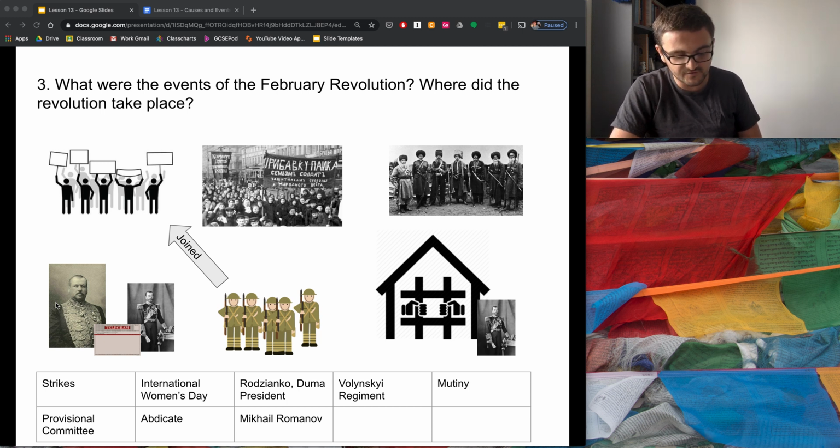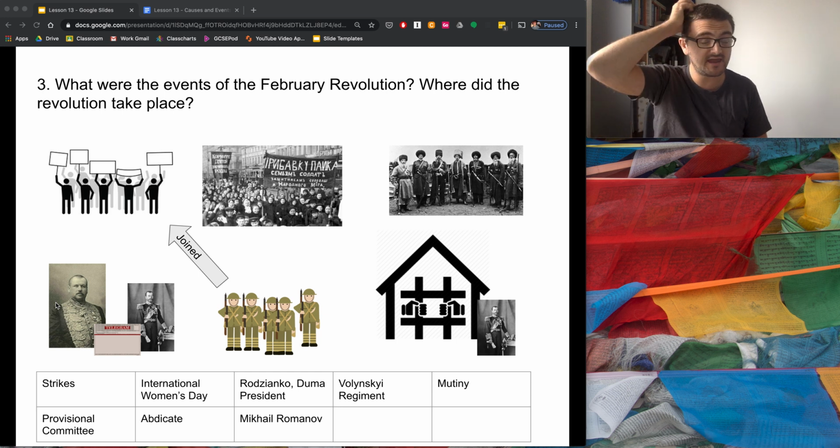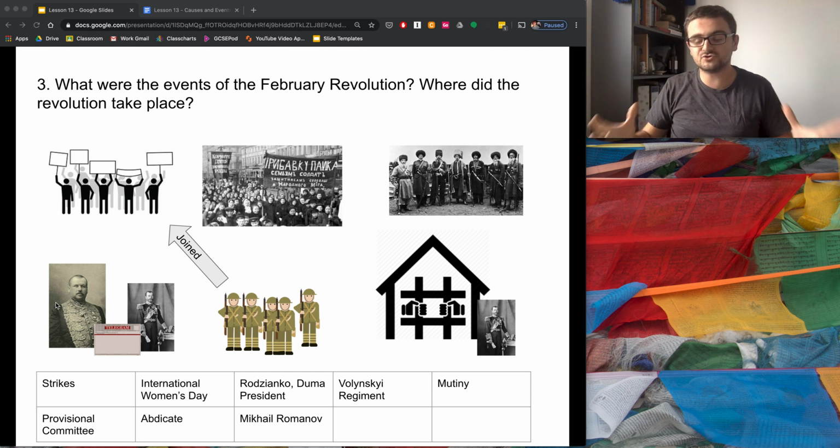And the Tsar never returned to Petrograd. He actually makes an agreement that would set up his son to be the new Tsar. Now, his son was too young, so while his son was coming of adult age, the Tsar's brother would effectively be the regent. The Tsar's brother, Mikhail, would control Russia alongside the Duma until the Tsar's son was old enough.